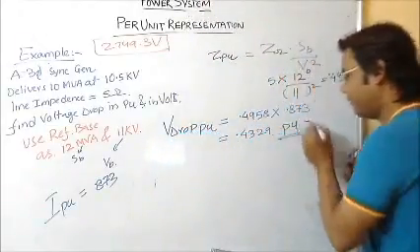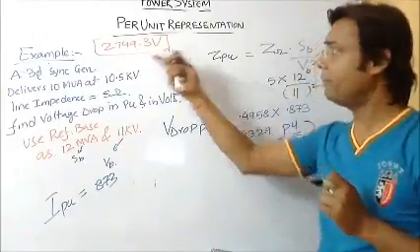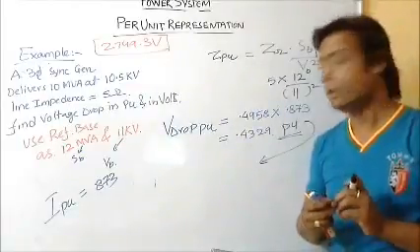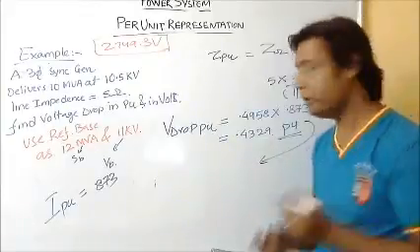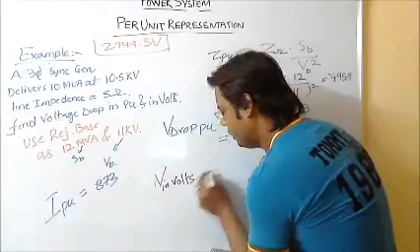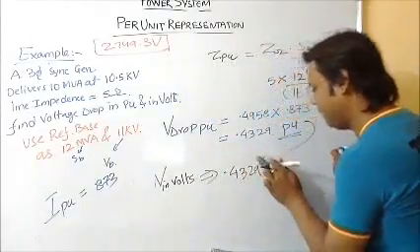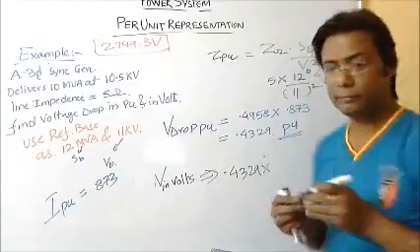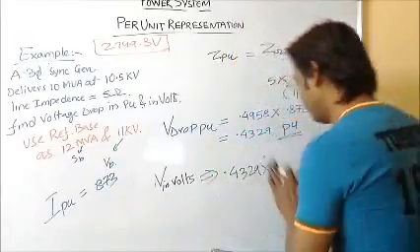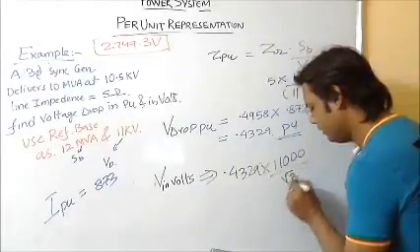So I can convert this into volts also, which we have already discussed, but we will see whether this is equivalent to that or not. So V in volts will be equal to 0.4329 multiplied by my actual value, that is 11 kilovolts. This is the base which I have chosen.